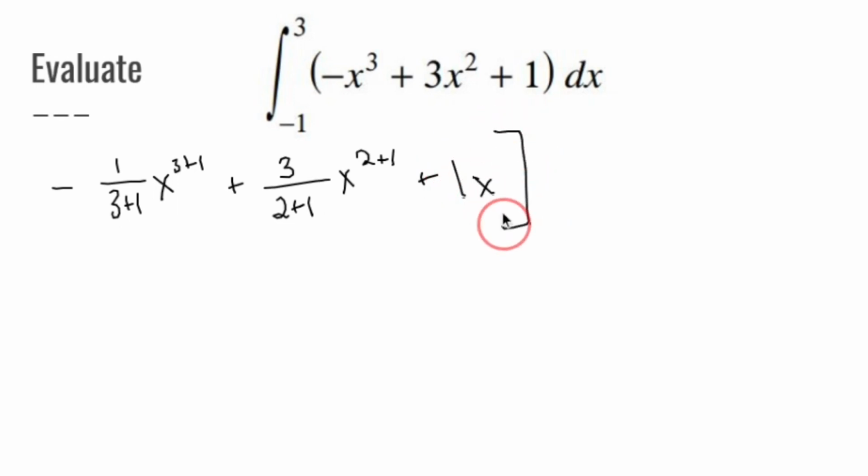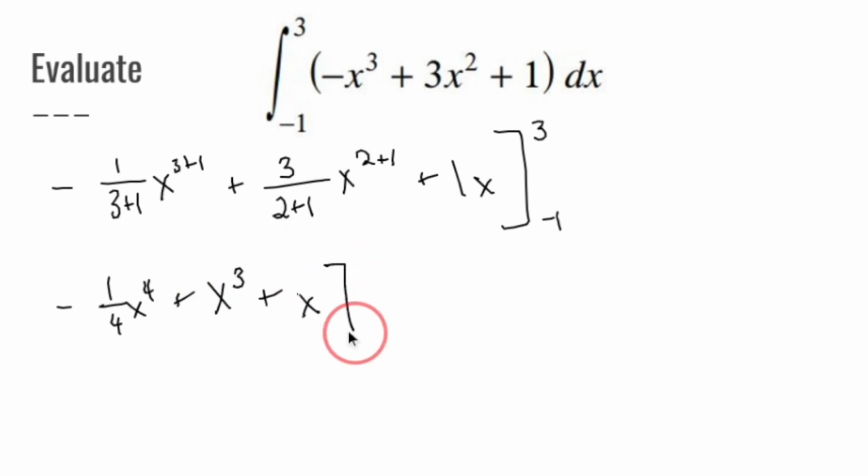These little things over here remind me that I have these limits of integration that I'm going to eventually plug in. So let's clean this up: -1/4 x to the 4th plus 3 over 3 disappears, x cubed plus just an x.